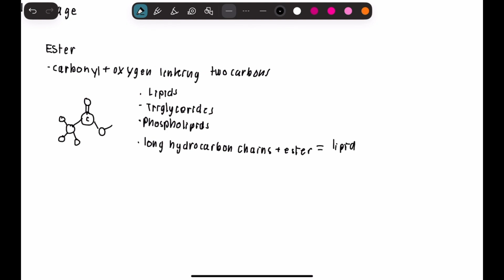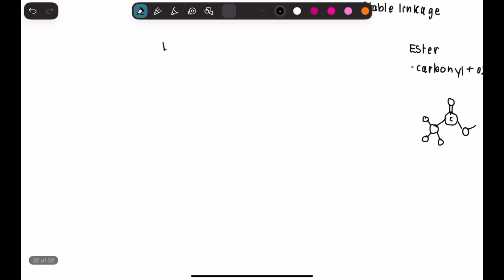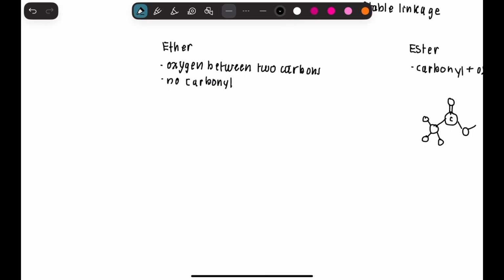Now, let's talk about ether. You can think of this as an oxygen between two carbons. And you also have no carbonyl nearby.